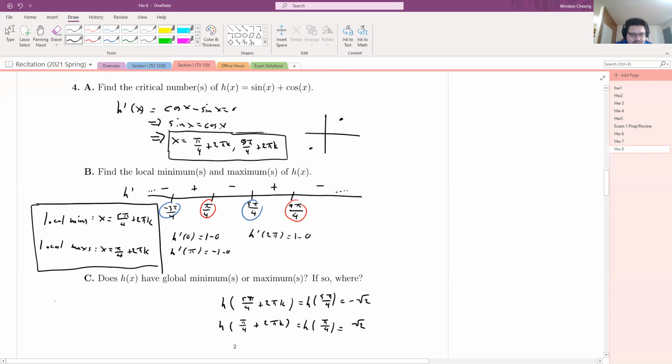So I'll just copy it again. Global, yes. Global mins at x equals 5 pi over 4 plus 2 pi k, and global maxes at x equals pi over 4 plus 2 pi k.